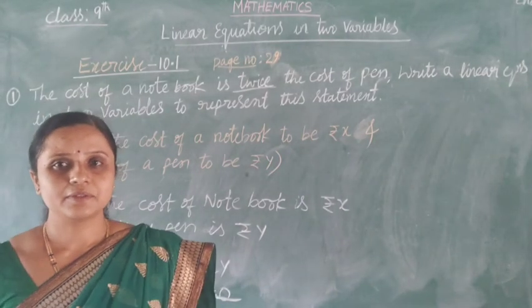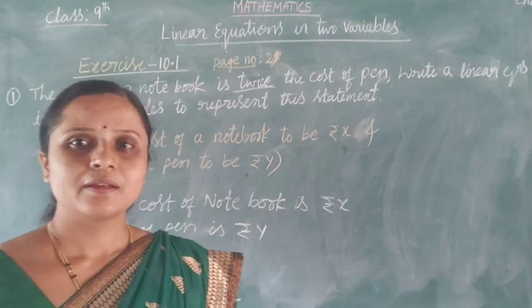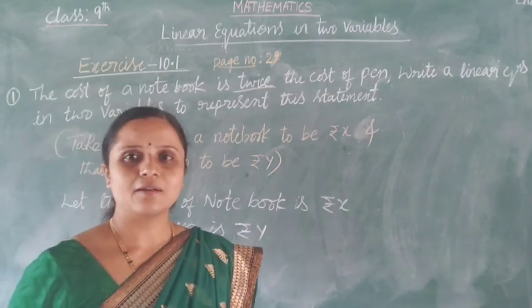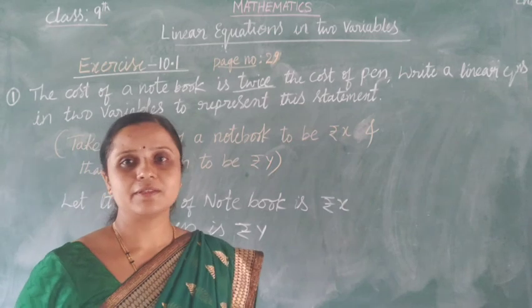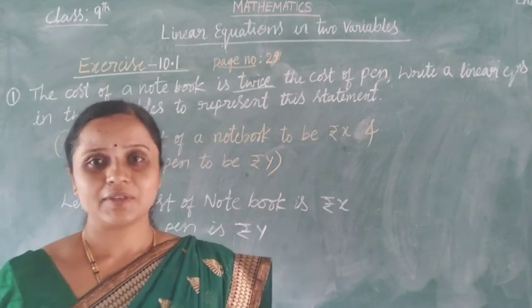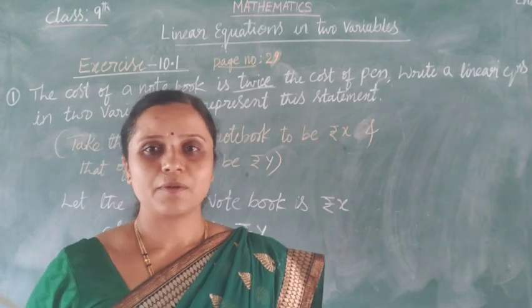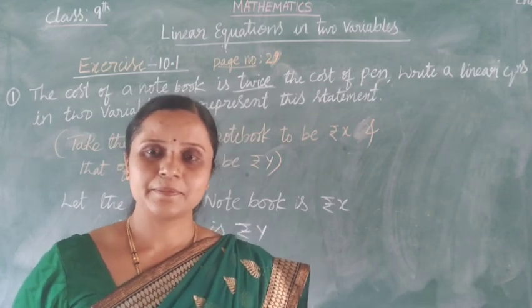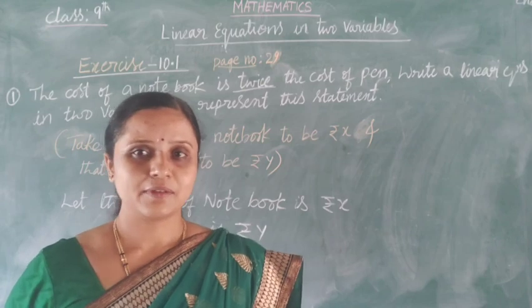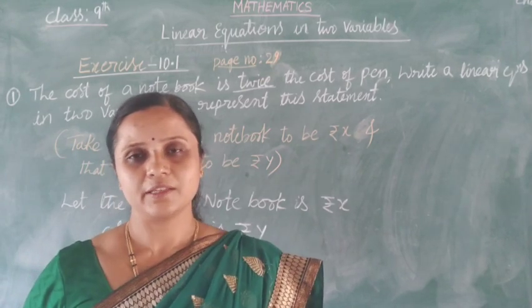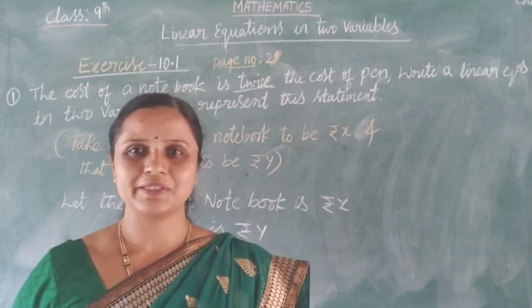Students, now I conclude this class. I hope you can understand all the concepts of linear equations in one variable, linear equations in two variables, and the general form of linear equation in two variables, and also express the given equation in the form of ax plus by plus c equal to 0.